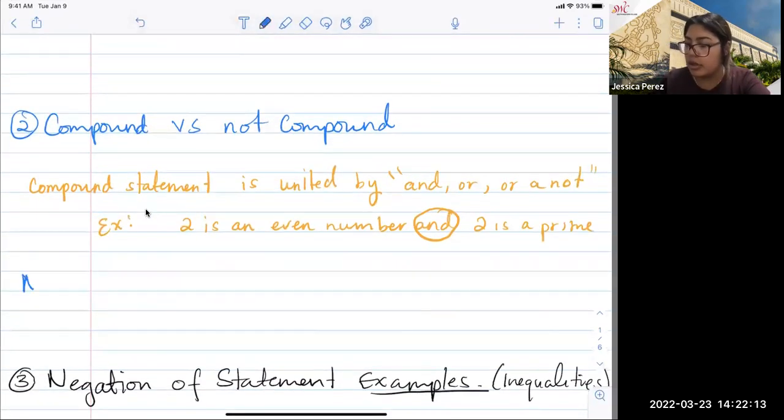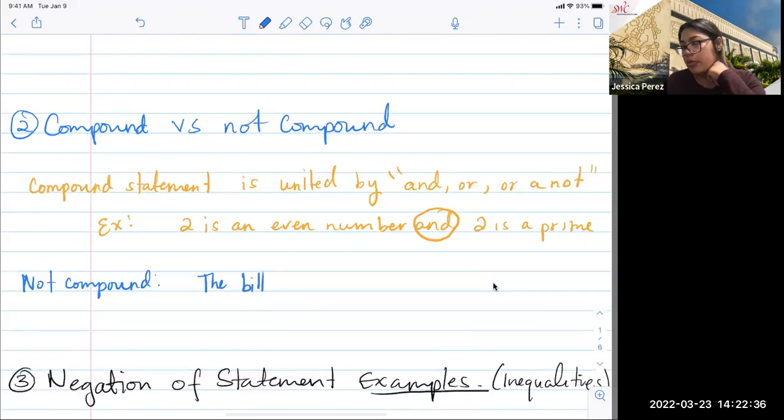However, another example of something that's not compound is the billboard says not for sale.